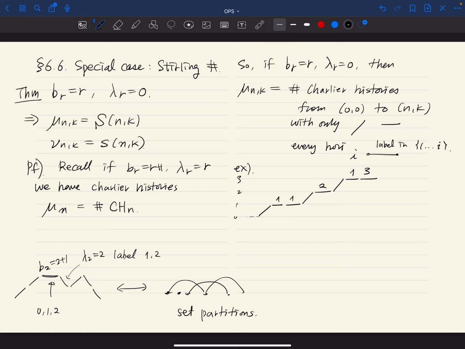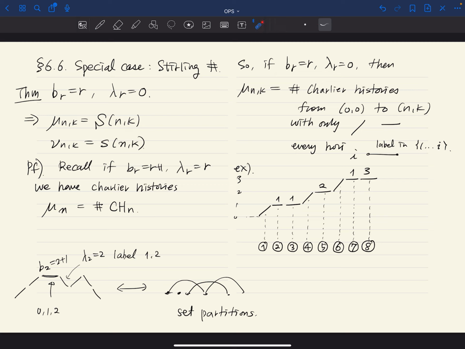Okay. Now we do exactly the same thing with the set partition bijection. So it's 1, 2, 3, 4, 5, 6, 7, and 8. We're going to connect them.